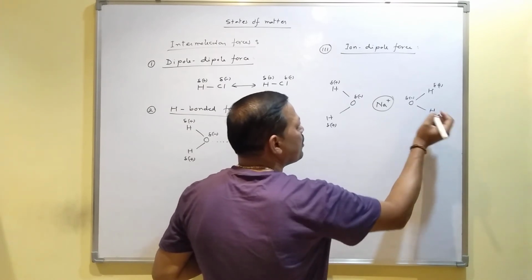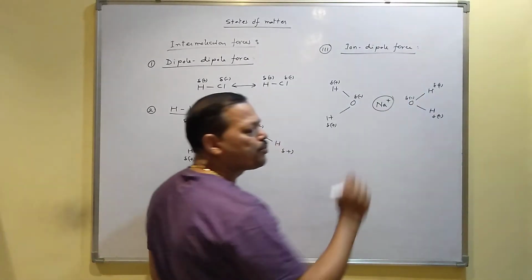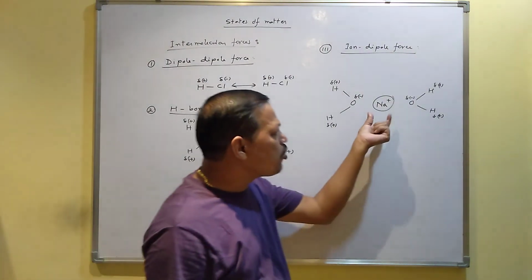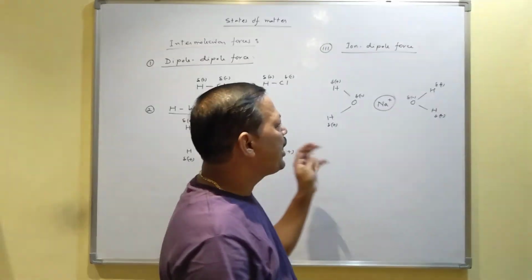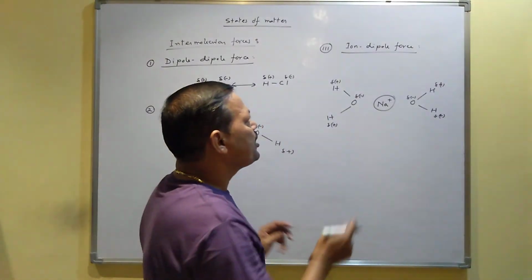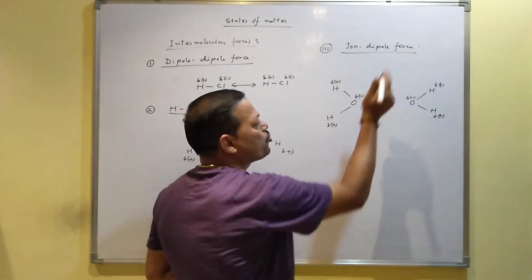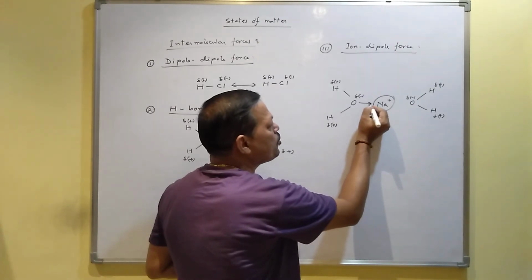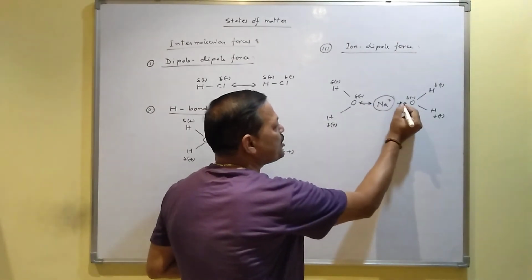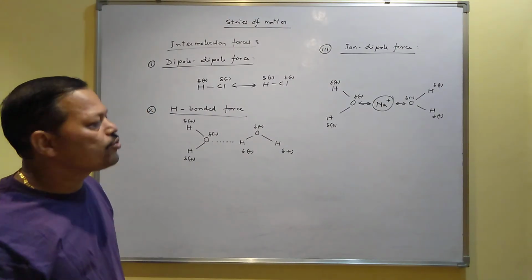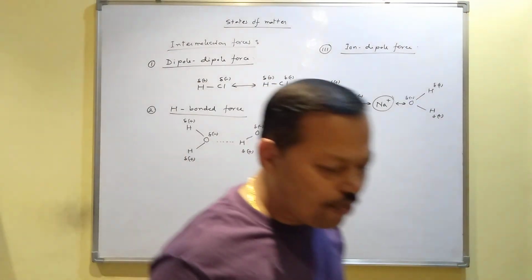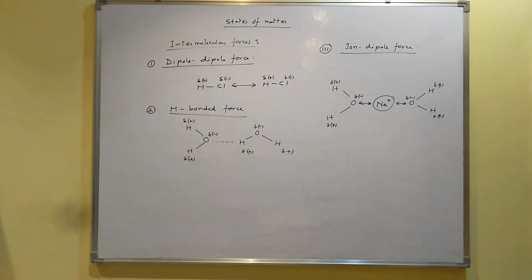Since the ion is positive, the positive ion attracts the negative part of the polar molecule, and this force of attraction is called ion dipole force of attraction. I mean between this negative and positive some force of attraction takes place. I mean this type of force takes place between an ion and a polar molecule.